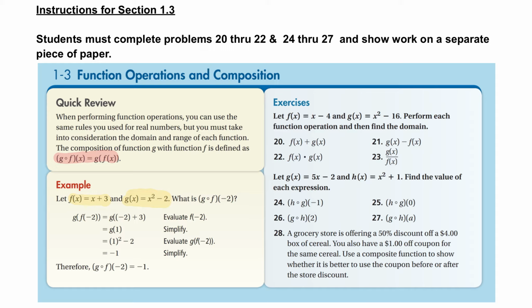So we have f of -2, and negative 2 plus 3 is 1. Now that is the input for g, and then the output is negative 1. So g of f of negative 2 is negative 1.